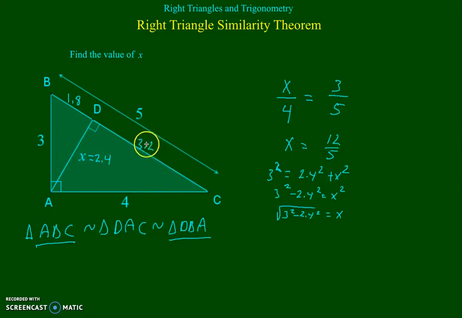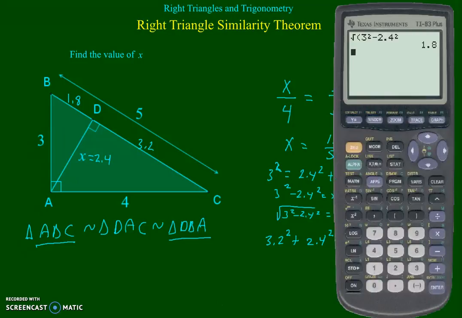Now let's determine if this, this, and this make a right triangle. So 3.2 squared plus 2.4 squared should equal 4 squared. So let's pull up our calculator again.